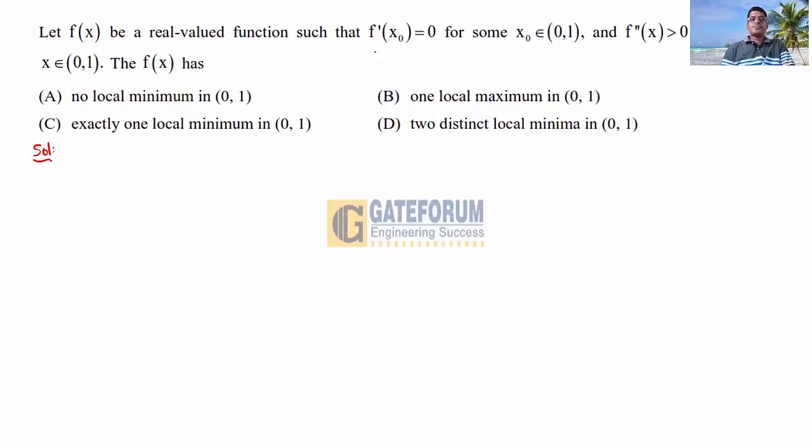Here, this is the condition: when the first derivative is equal to 0, the values of x obtained from that condition are called stationary points, and second derivative greater than 0 for all x values belonging to the open interval 0, 1. Take care.